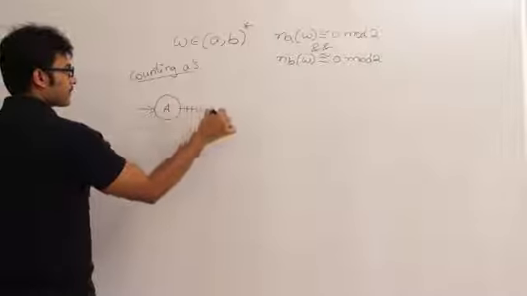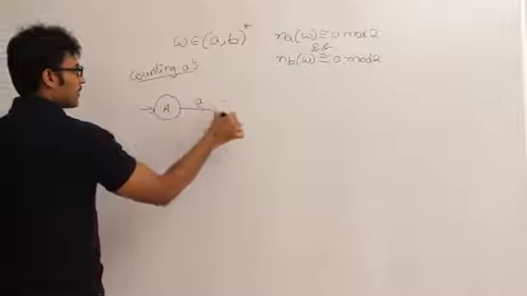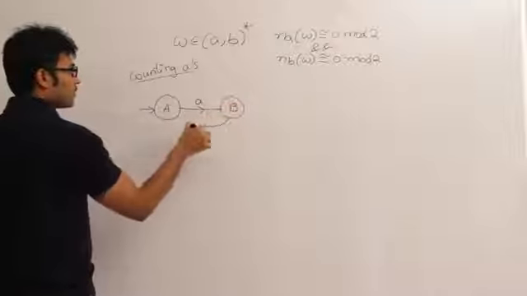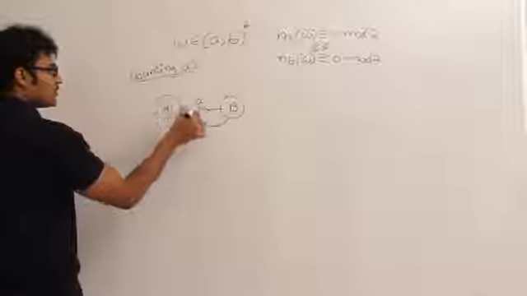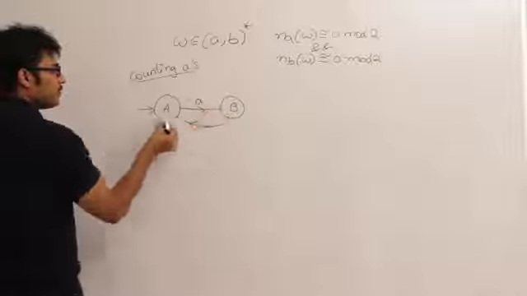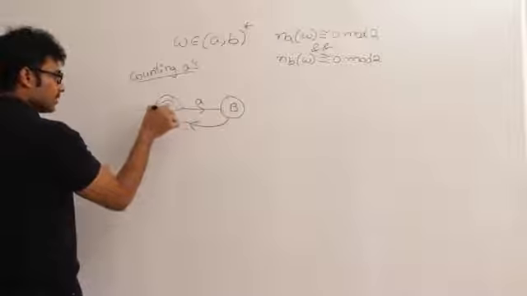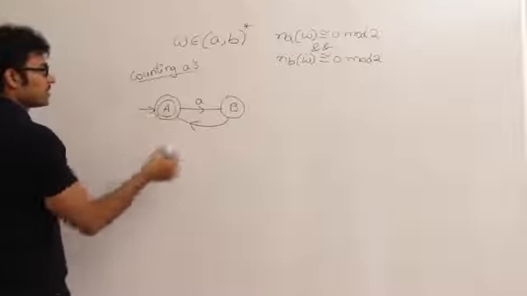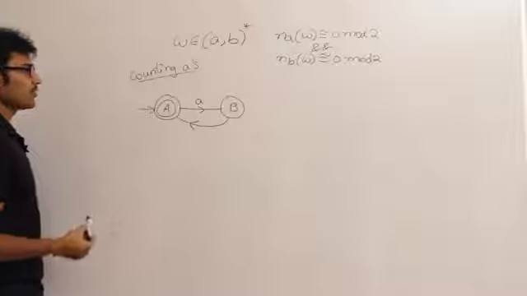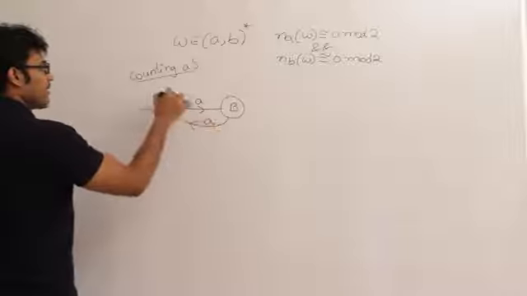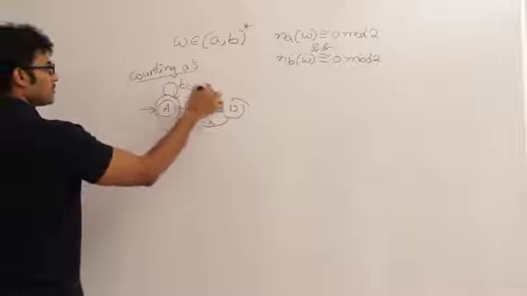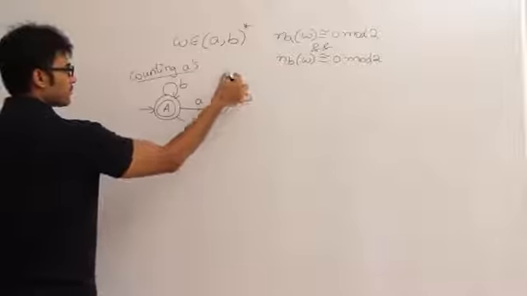This is going to count 0 A's, 1 A, 2, 3, 4, 5. State A represents an even number of A's and state B represents an odd number of A's. I am not going to count B's, so B's are going to be here.